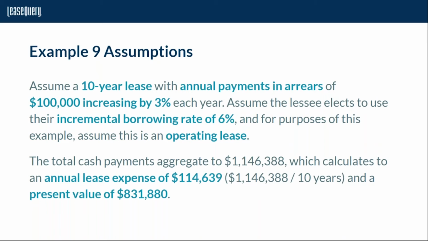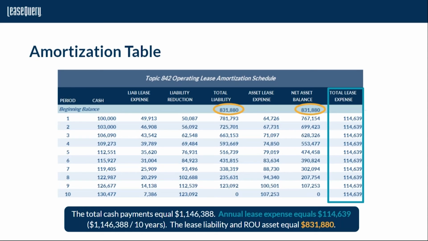So taking all of those facts and circumstances, we come up with total cash payments of $1.1 million and an annual lease expense of $114,000. And then lastly, a present value of $831,000. So here's the amortization table.